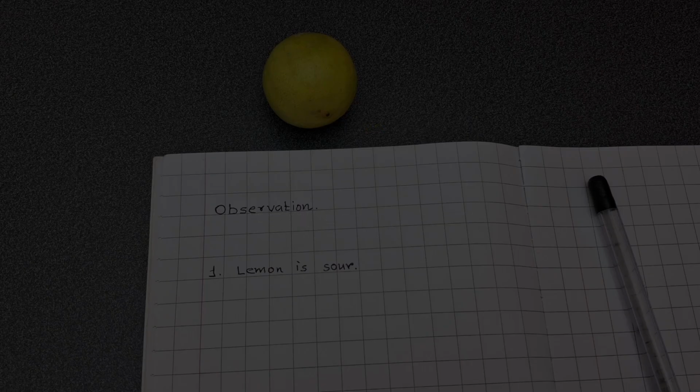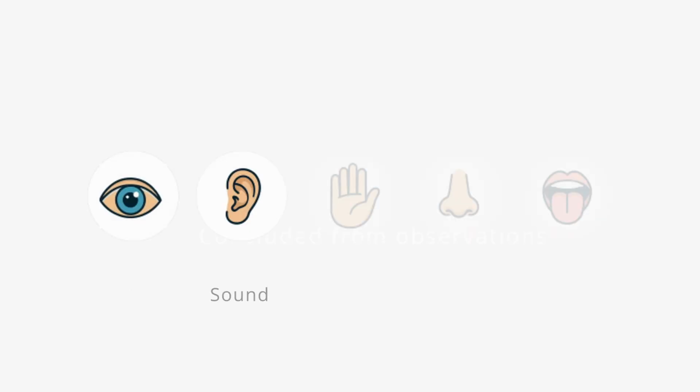Let us start with two definitions, short ones. Just remember them. An observation is a fact collected directly using one of your five senses: sight, sound, touch, smell, and taste.